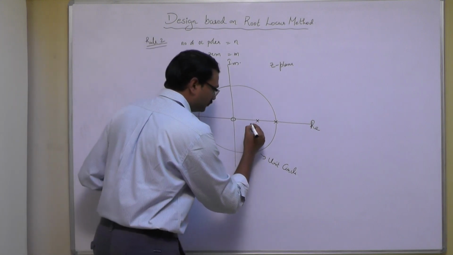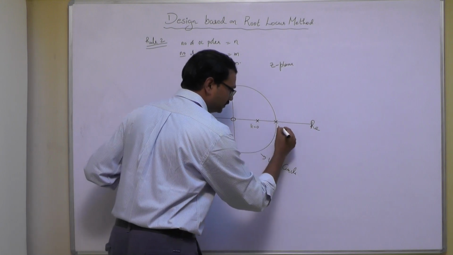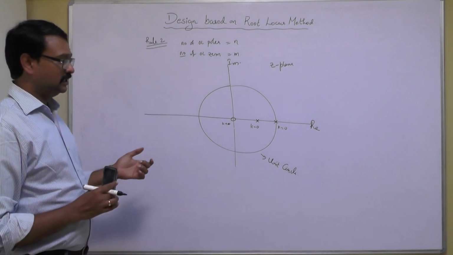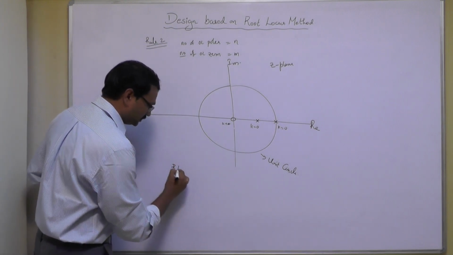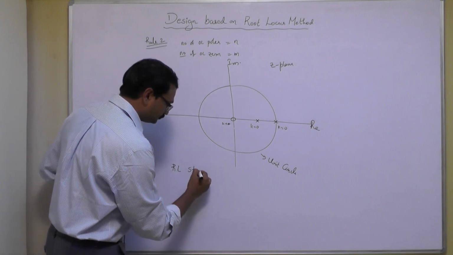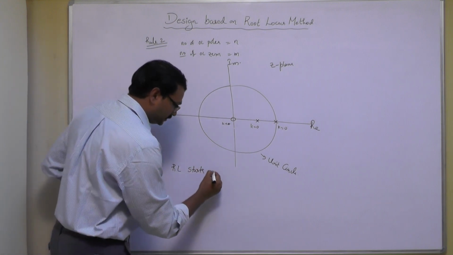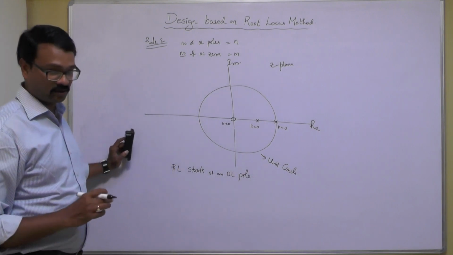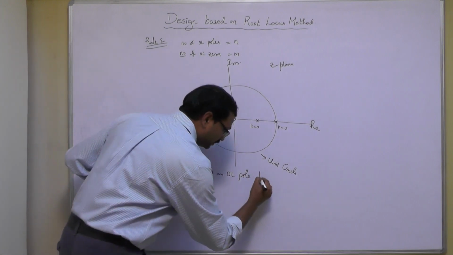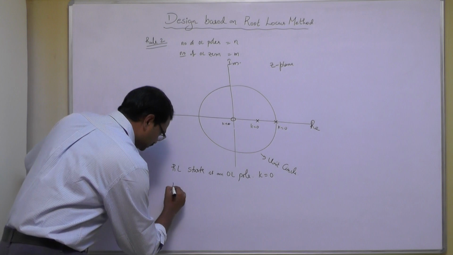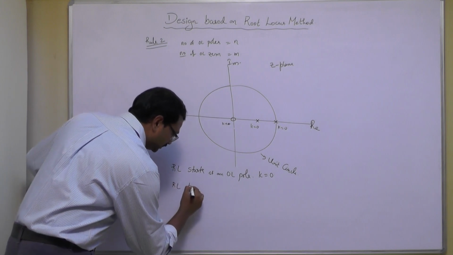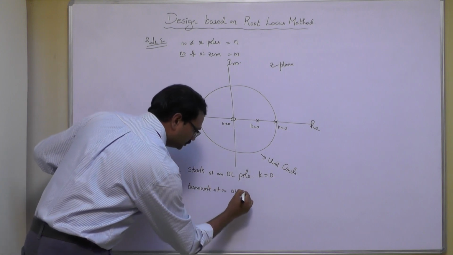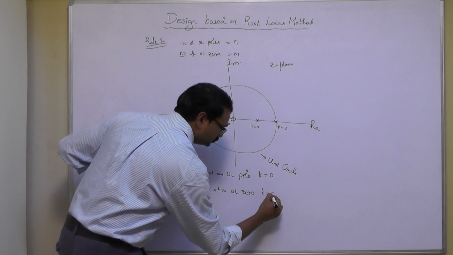It is important for us to find out k equal to 0 and k tends to infinity. That is, the root locus starts or originates at an open loop pole where k is equal to 0, and the same root locus terminates or ends at an open loop zero where k tends to infinity.